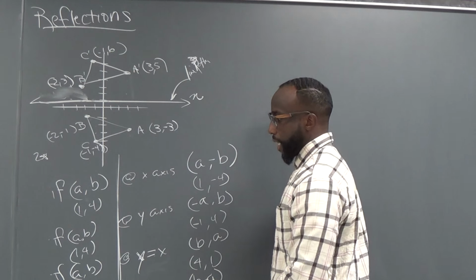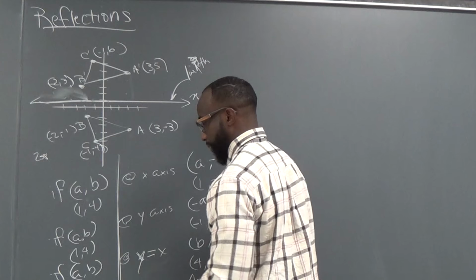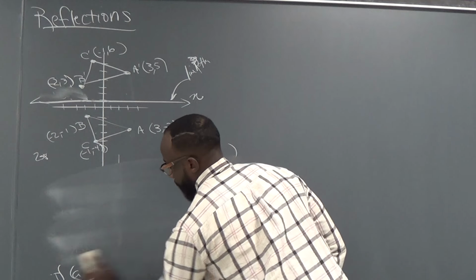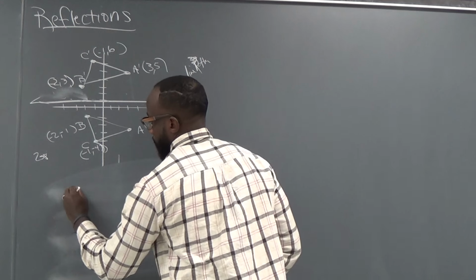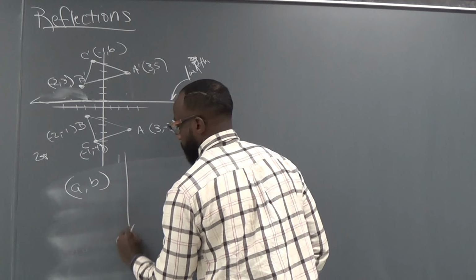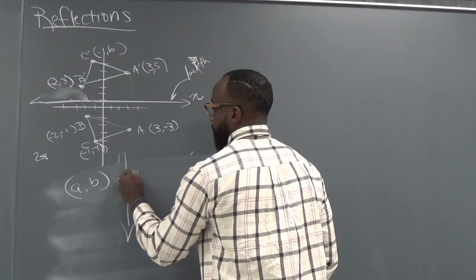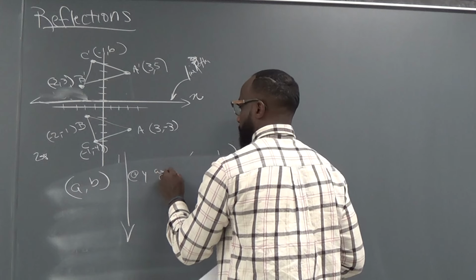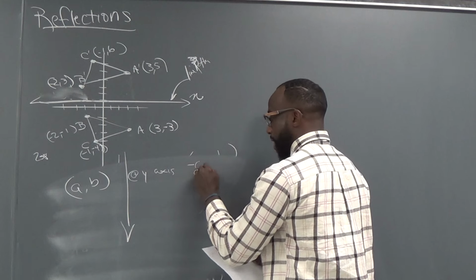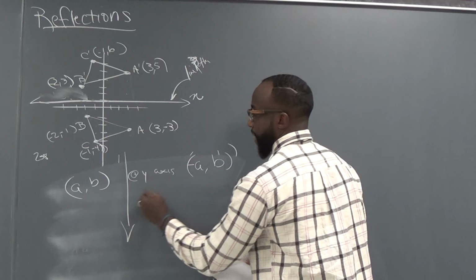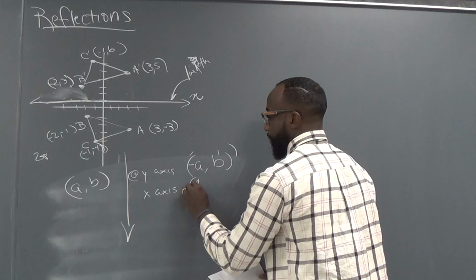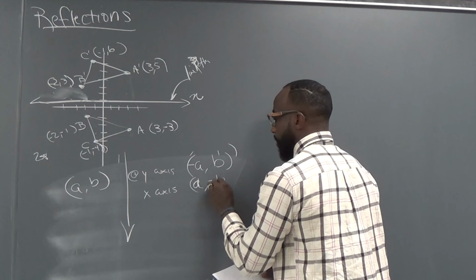Okay? And so these are the basic rules. Let me rewrite them for you so you see it again. Any point AB reflected at the y-axis is -A, B. Reflected along the x-axis, it'll be just A, -B.